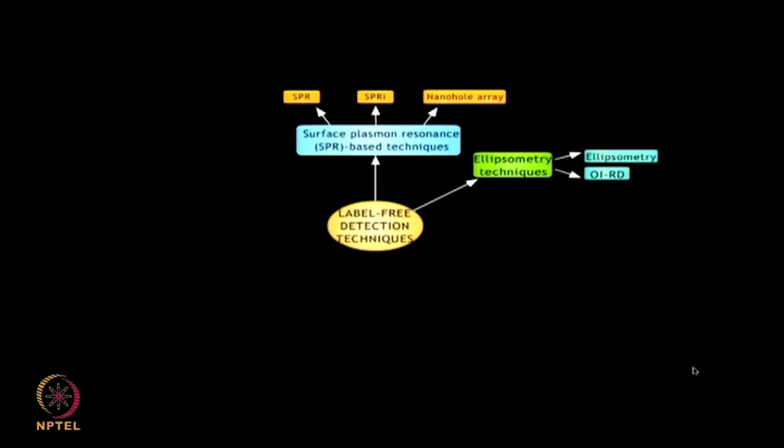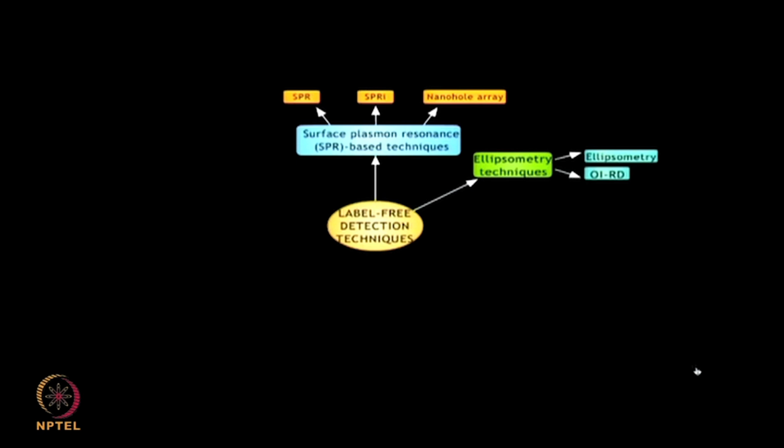Ellipsometry based techniques. First, ellipsometry. The change in polarization state of reflected light arising due to changes in dielectric property or refractive index of the surface material is measured.